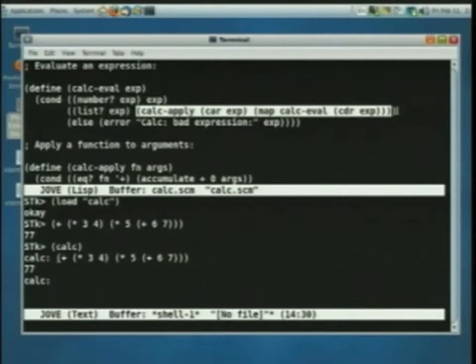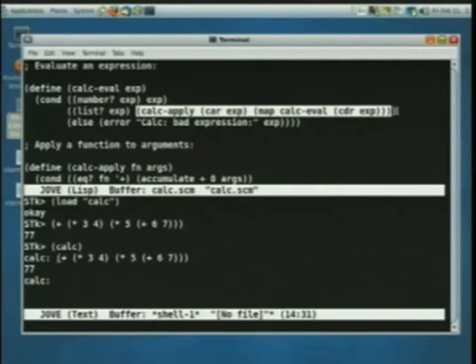Okay, so we call apply with exactly two arguments. The first argument is the function that we want to apply. Apply is a fancy name for call a function. And the second argument to apply is a list of argument values.